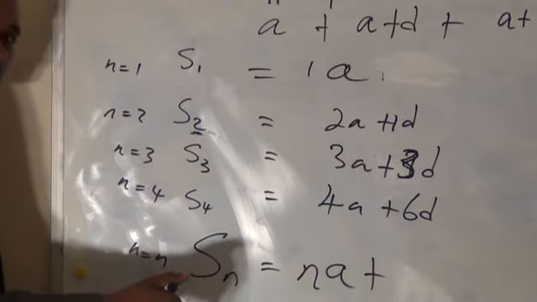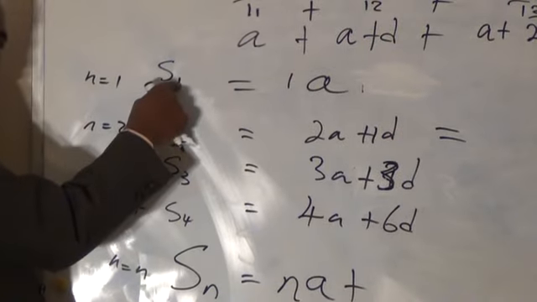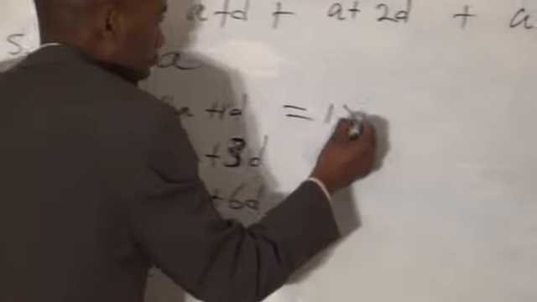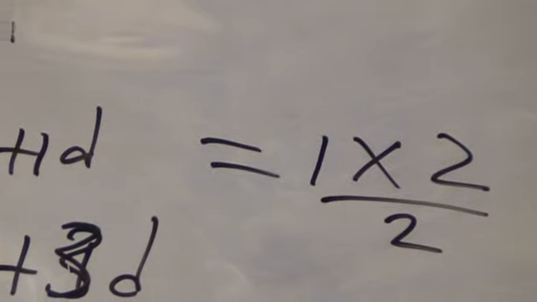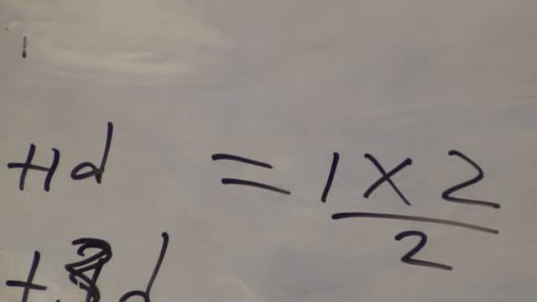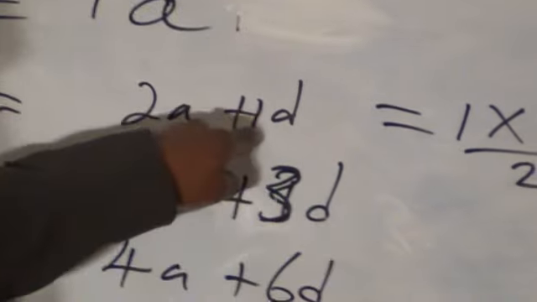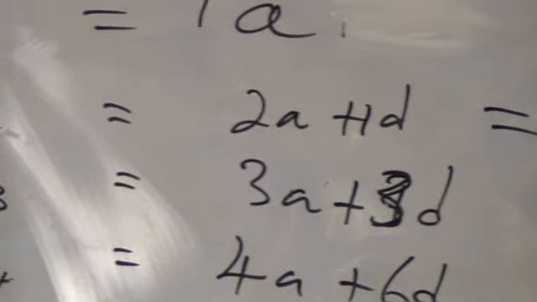All that we have done here is to look at S2 and S1, so 1 times 2 divided by 2. Yes, this 2 times 1, we divide by 2, we get 1. Do you get that? Yes.